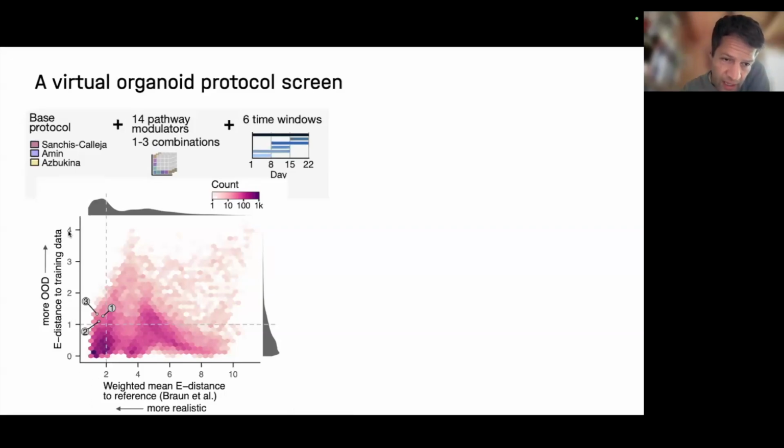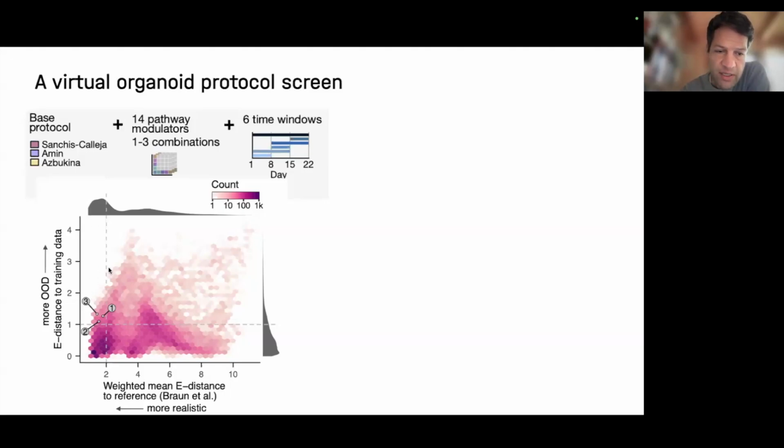First, how close is my protocol. Each of these dots is a protocol and an ensemble of cells behind it. How close or how distant is it to the training data? Low E distance is very close, here very far. This would be pretty much what you have in the training data. But along the x-axis, we have how distant or close it is to the reference human data.